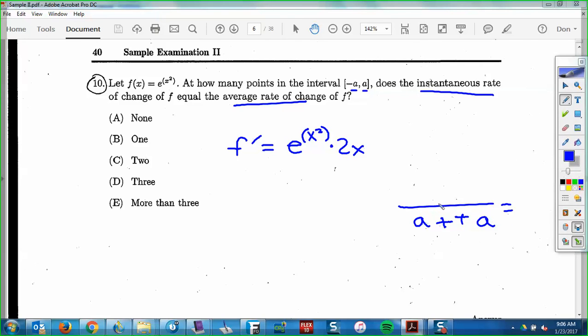What goes on top? You have to plug those in, right? So f of a minus f of -a. Like that, right? So f of a, if we put an a in there, that'd be e to the a squared. If we put a -a in there, -a times -a, that'd also be a squared.